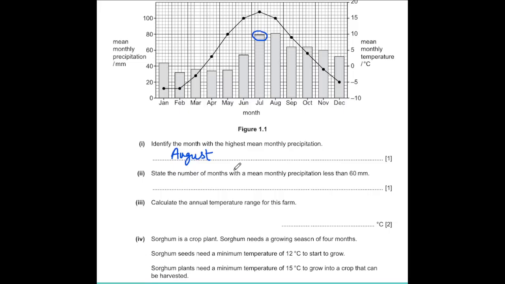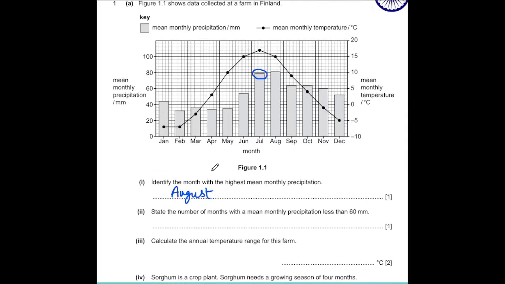Second one. State the number of months with a mean monthly precipitation less than 60 mm. So less than 60 mm, that means they're talking about this part, less than 60. Each is 4, so 4, 4 8, that means this is 1 2.